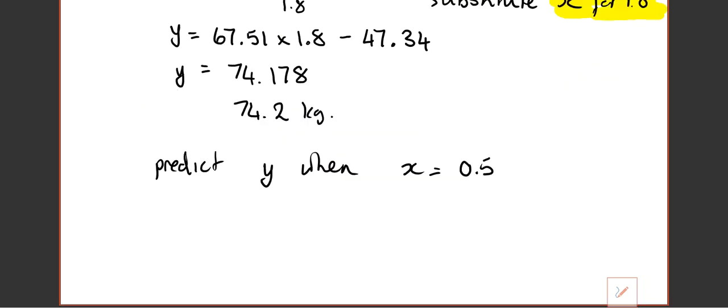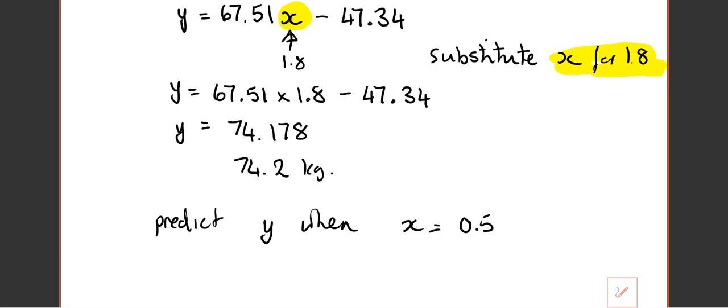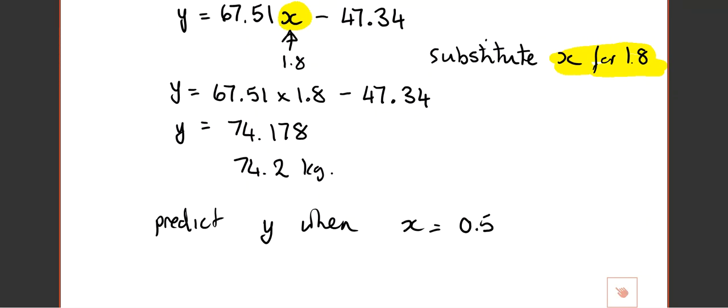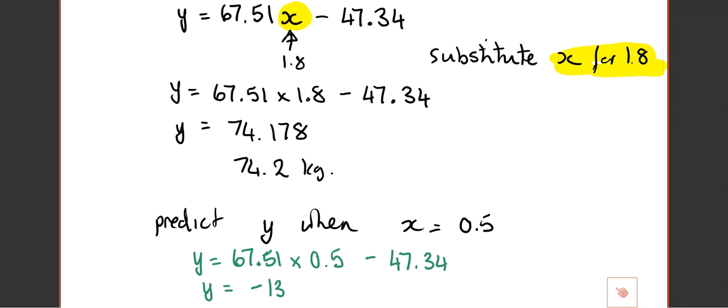Have you done it yet? So we do y equals 67.51 multiplied by 0.5 minus 47.34, and we get y equals negative 13.59, round it.